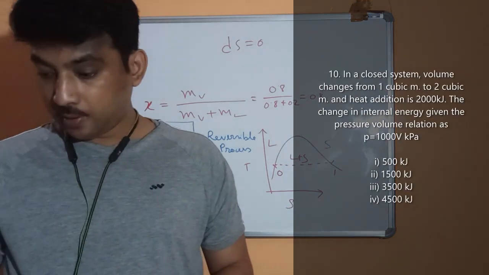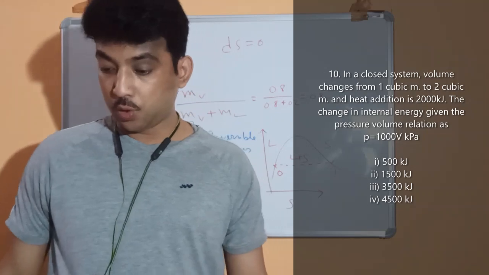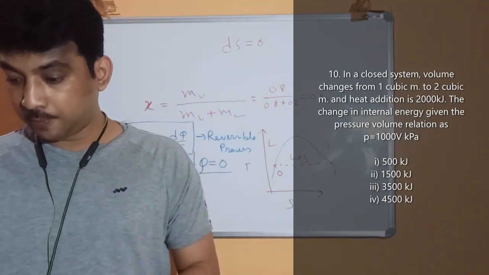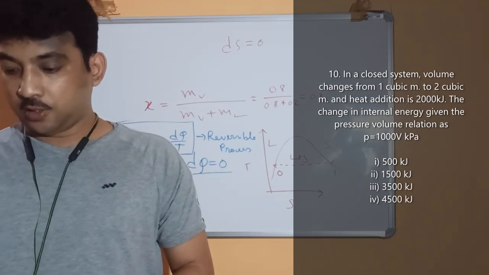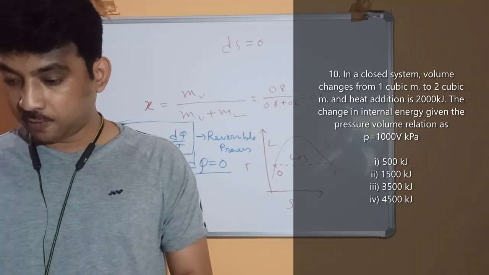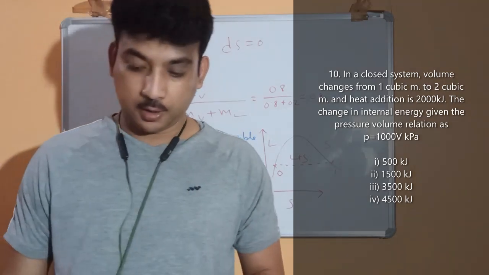In a closed system, volume changes from 1 meter cube to 2 meter cube and heat addition is 2000 kilojoule. Find the change in internal energy, given the pressure volume relationship P equal to 1000 V kilopascal, where V is volume in meter cube. Options: 500, 1500, 3500, 4500.